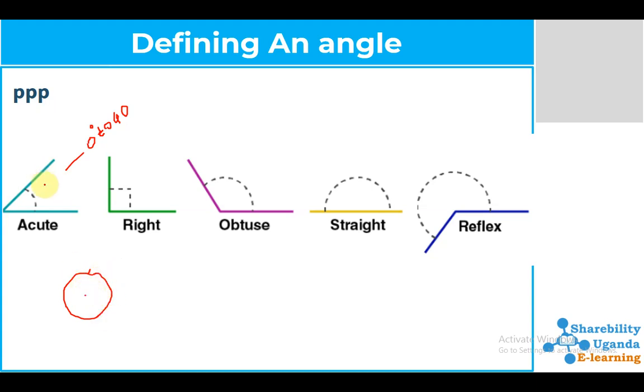So these angles are drawn and valued according to a circle. When an angle is of a certain degree, then you can name it. For example, we have named our acute angles and say that these are angles that start from 0 degrees up to 90 degrees.